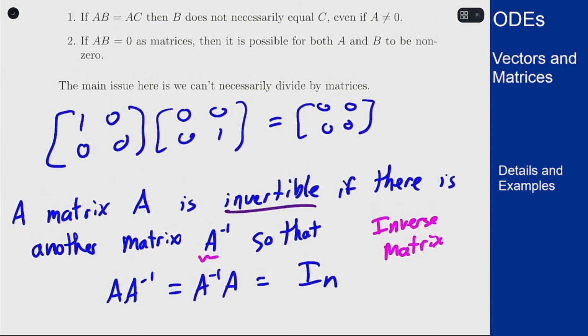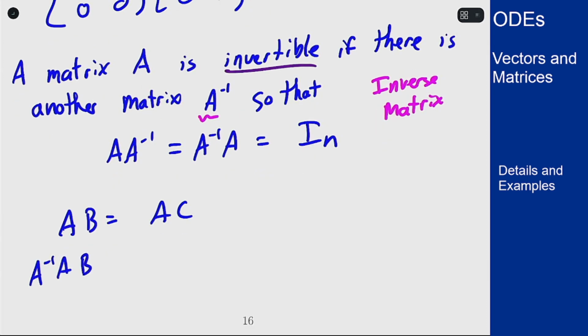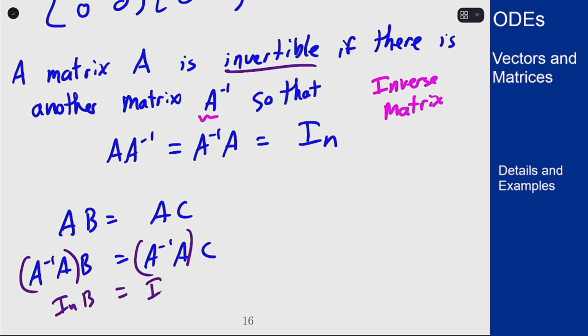So for instance, now if I have this A inverse, and I have that A times B equals A times C, I can multiply both sides on the left by A inverse. A inverse AB equals A inverse AC. Now, since I know multiplication is associative, I can group these together, and both of those become the identity matrix. So I get I_n times B equals I_n times C, but I know that the identity matrix doesn't change anything about the matrix itself. That gets me then that B equals C.